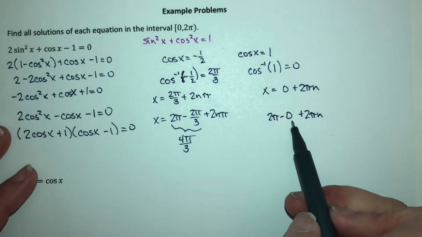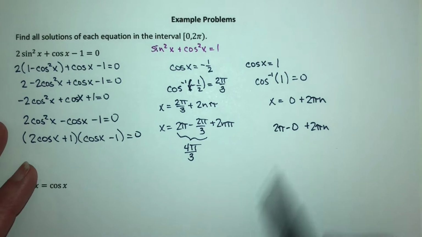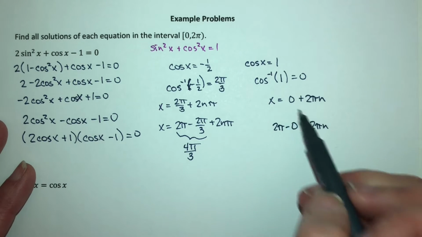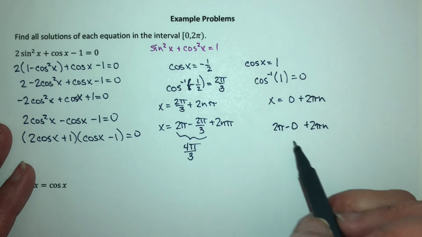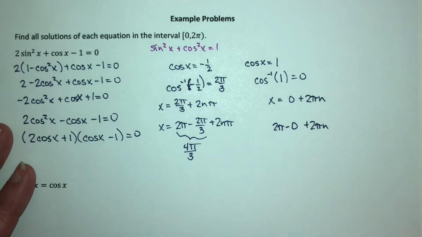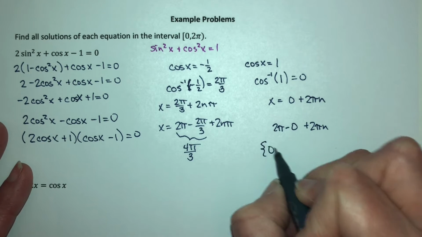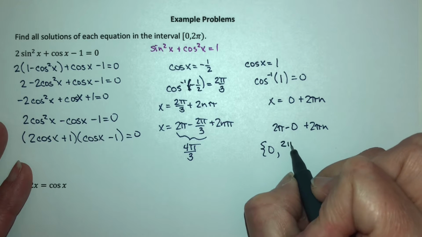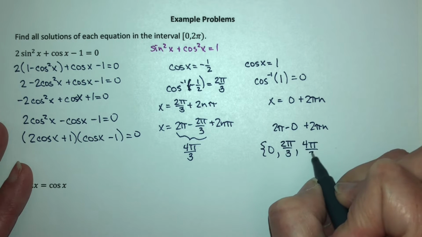But 2 pi minus 0 is 2 pi, and 2 pi and 0 are coterminal. So really, you only get one solution from this. And since all of these are positive numbers and we're adding 2 pi, anytime we add 2 pi, we're getting too large. So we have 3 solutions here. We have 0, we have 2 pi over 3, and we have 4 pi over 3.